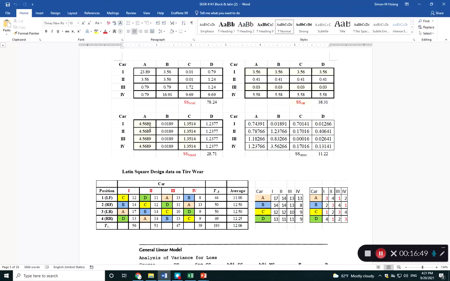Statistical independence. What is statistical independence? You will be asked those questions many times. What is statistical independence? Statistical independence means that the joint probability P(x,y) equals P(x) times P(y).